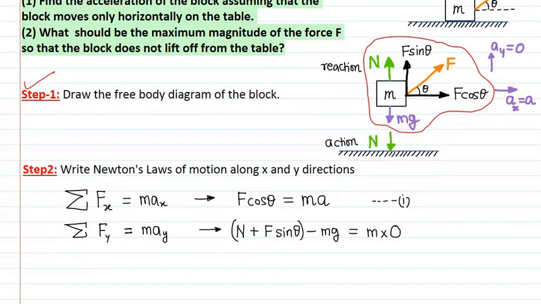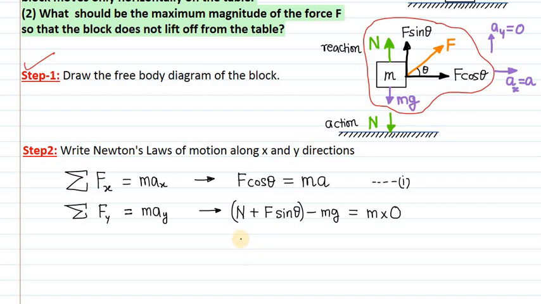By solving this second equation, we will get N plus F sin theta is equal to mg. Or we can also find out the value of normal reaction. Normal reaction is equal to mg minus F sin theta. Let this be our second equation.